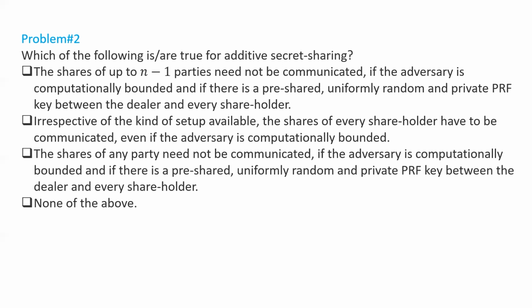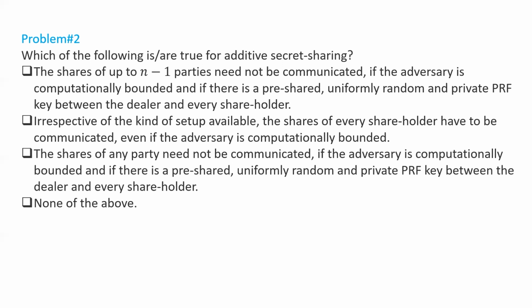In case of additive secret sharing, each of your parties P1 to Pn-1, the first n-1 parties, is provided with some uniformly randomly chosen secret share Si belonging to the key space K. Okay.